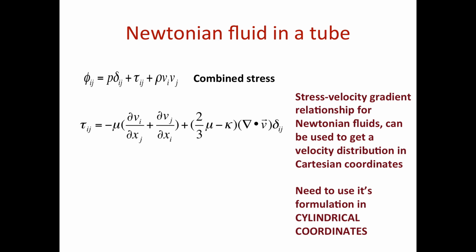But my resulting velocity distribution is going to be different between two different types of fluids based on how I express my shear stress. So shear stress in itself will be the same value, but the resulting velocity distribution will be different based on the assumptions that I have on this relationship. Okay? So this is a general form for Newtonian fluid.